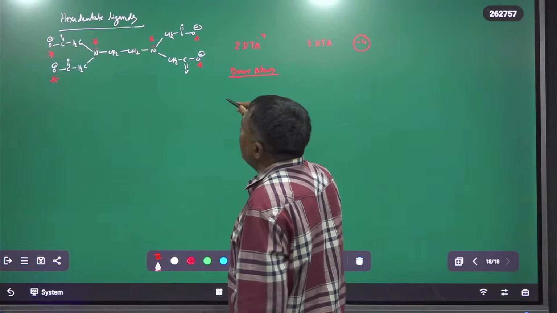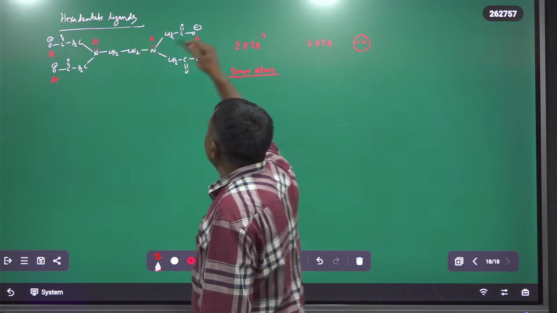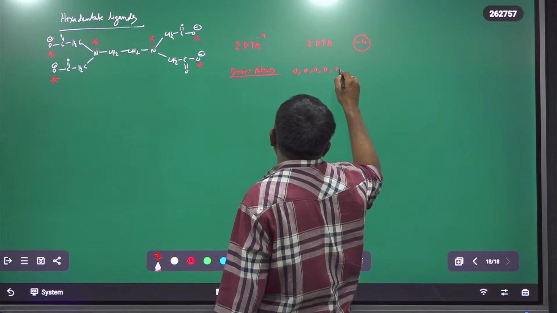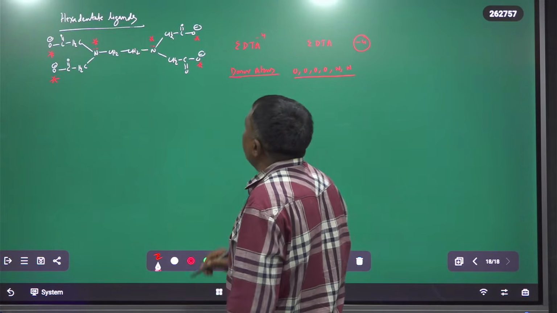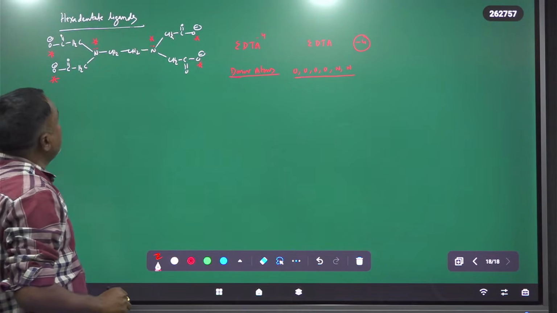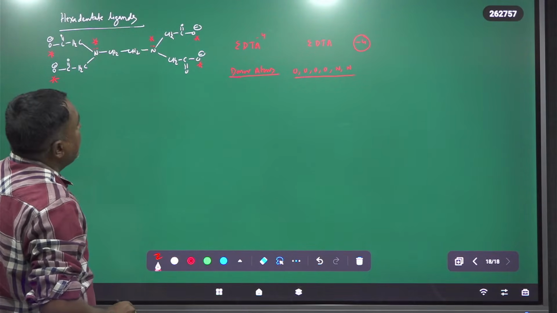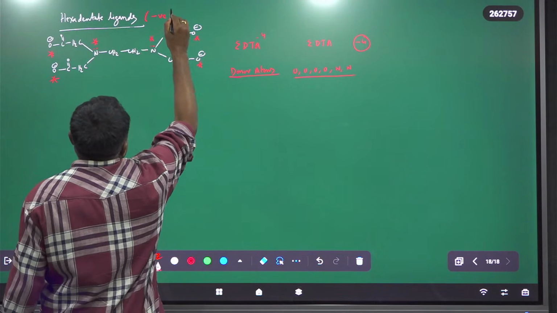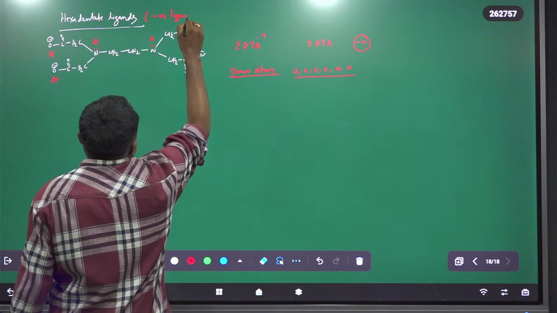The donor atoms are 4 oxygens and 2 nitrogens. These are the donor atoms now. So this comes under the hexadentate negative ligand.